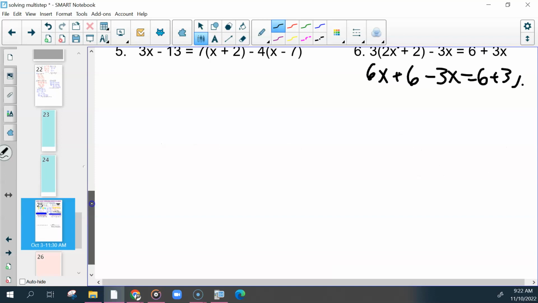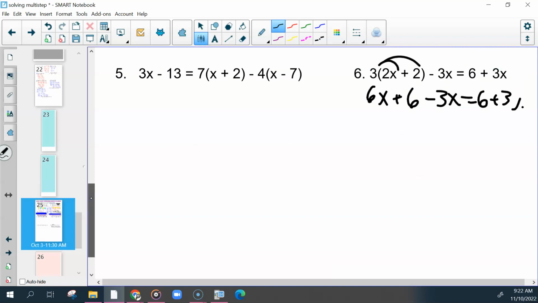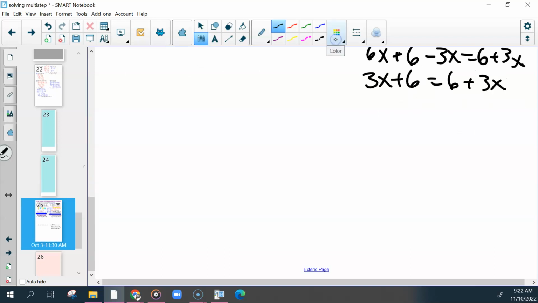So for number 6, we would distribute, combine like terms, and if you were using the rule, yes, they're switched, but both sides are the same. You have the same constant, the same coefficient, so you could have stopped here and said this is infinitely many.